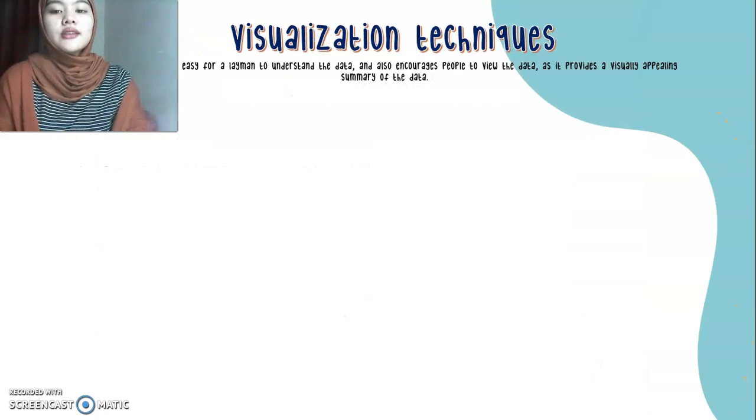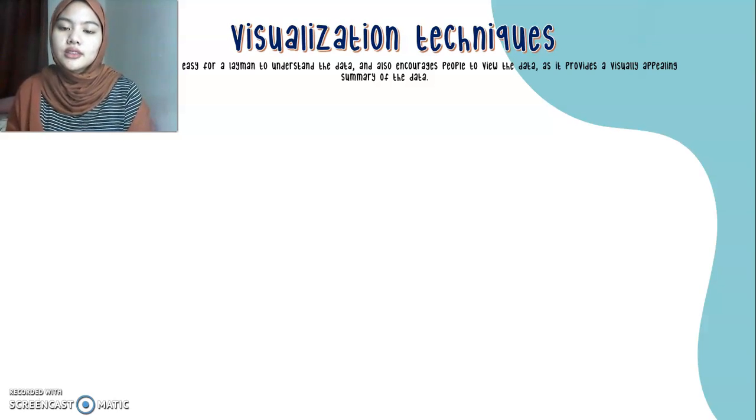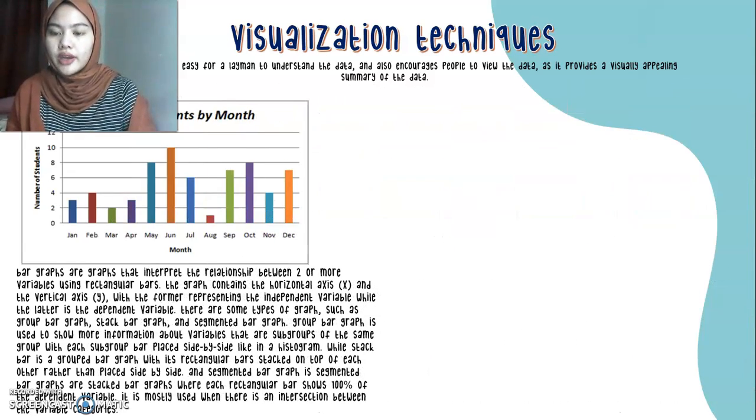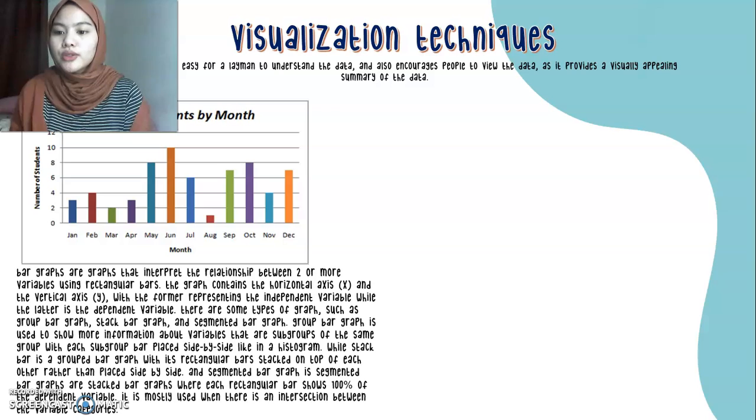The next slide is about visualization techniques. Visualization makes it easy for a layman to understand the data and also encourages people to view the data as it provides a visually appealing summary of data. The first one is bar graph. Bar graphs are graphs that interpret the relationship between two or more variables using rectangular bars.